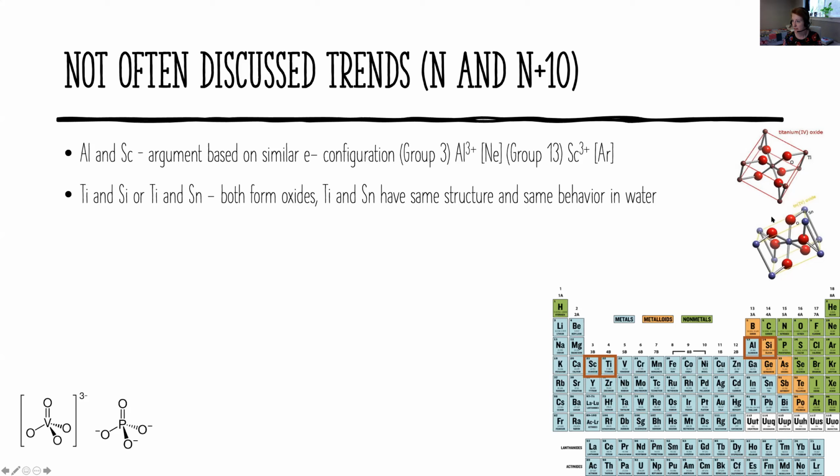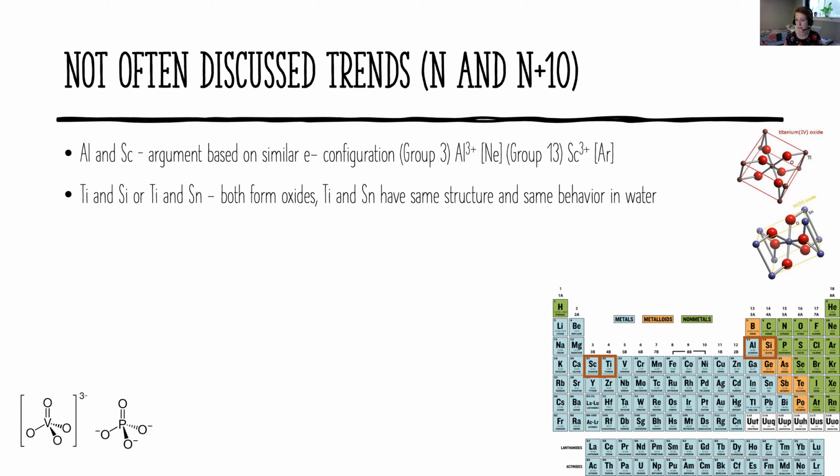And then for the tin oxide, again, it's a slightly different orientation, but here's your hexacoordinated tin in the middle, and then that same face-centered cubic oxide structure where you've got the holes filled here. And so those have the same structure, they have the same behavior in water.